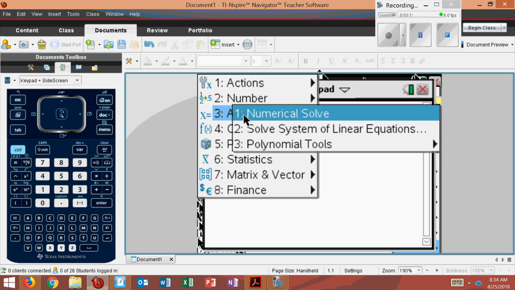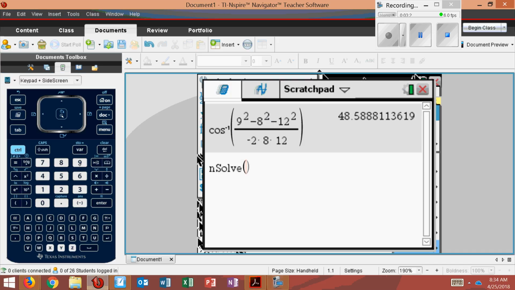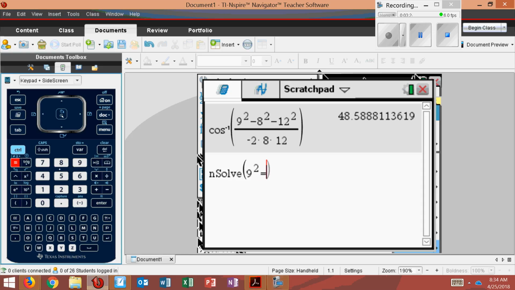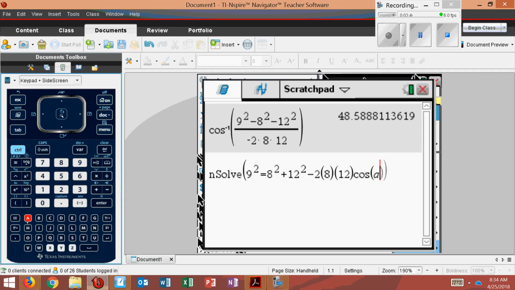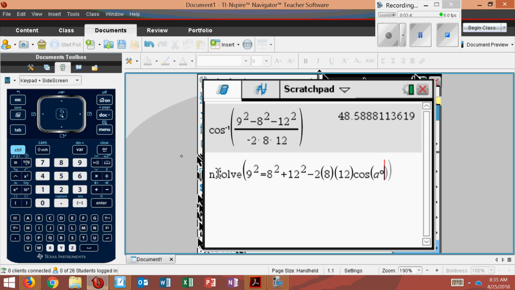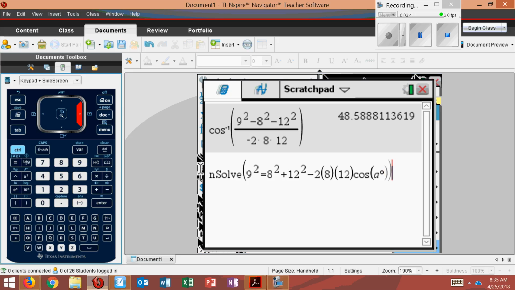Now again, I kept saying you could use solve from the start. The way you do that is menu 3, 1. And you would type in that equation as we had it originally, which was 9 squared equals 8 squared plus 12 squared minus 2 times b, which was 8, times c, which was 12, times the cosine of angle A, which we did not know, so I would just do an A, put a degree symbol, and I would do comma A. I think I need a multiplication right here, maybe not, but just to make sure, I'm going to hit that.